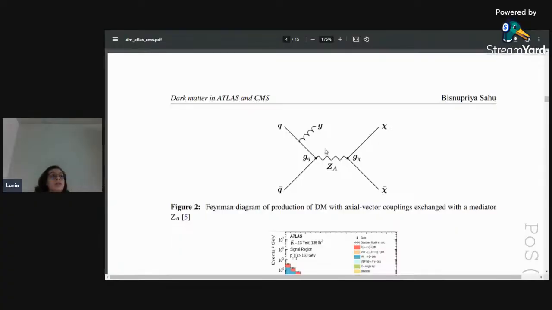So in this case, they are considering monojet. So the monojet in this case comes from this boom that is radiated from the initial state, the initial quarks.